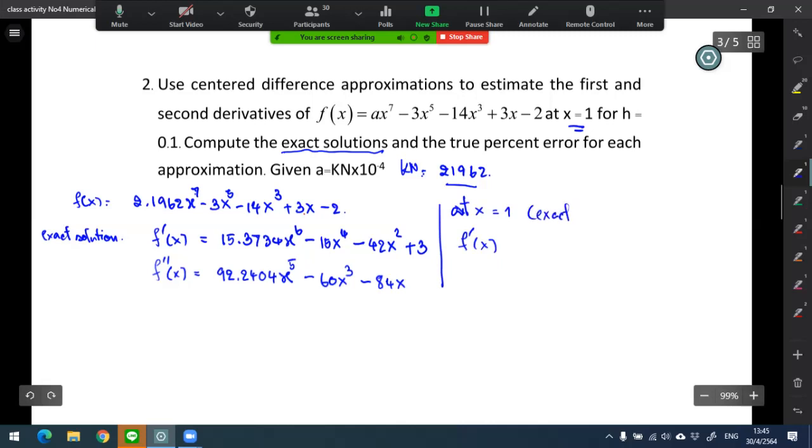is for exact solution, right? It's equal to minus 38 minus 38.6266.